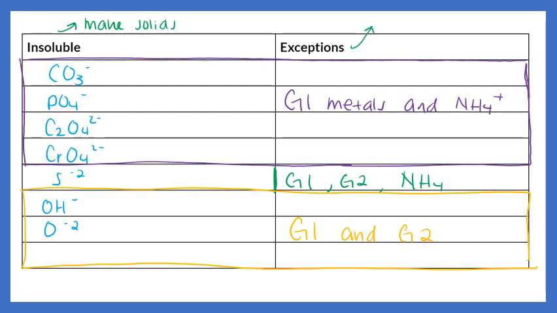However, when they're mixed with their exceptions, they dissolve. Okay, so they are usually those that make solids, except when they are bonded to group 1, group 2, and ammonia. Then they become able to be dissolved.